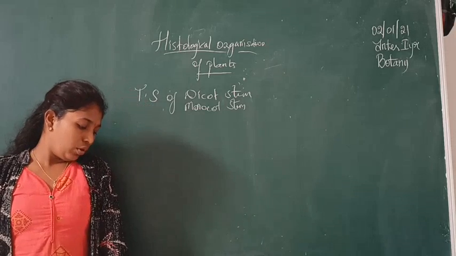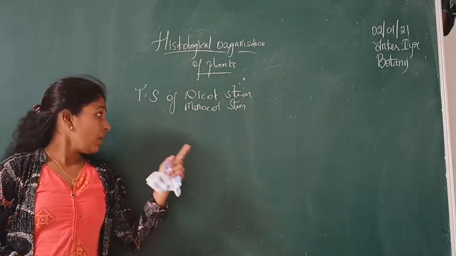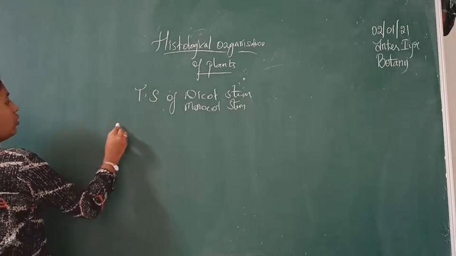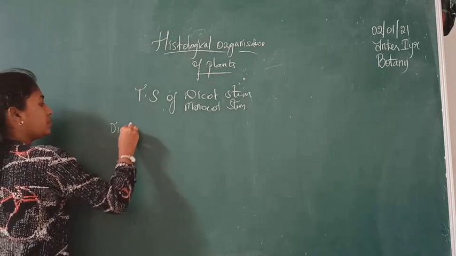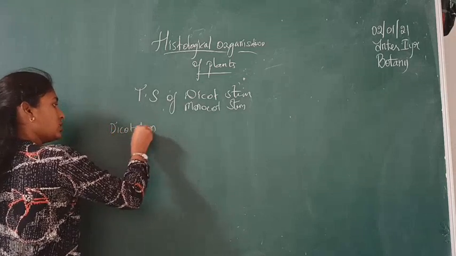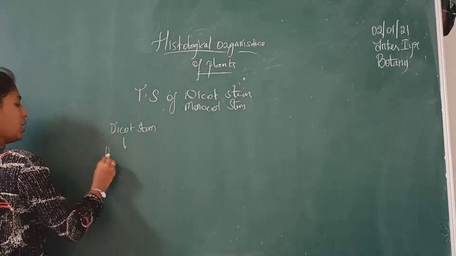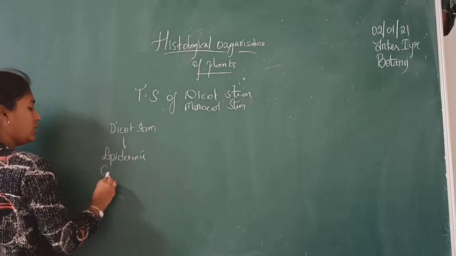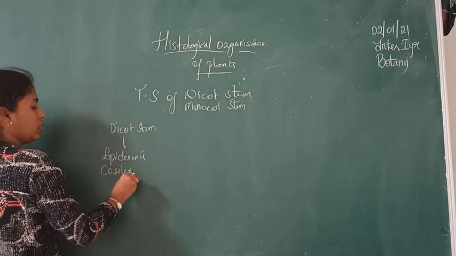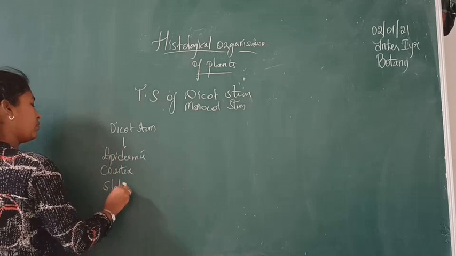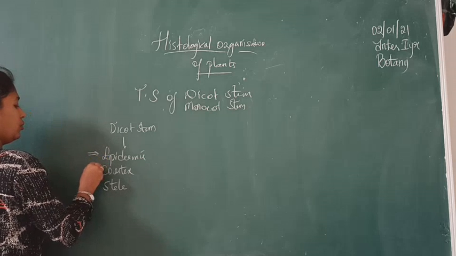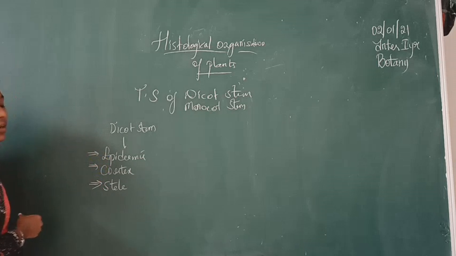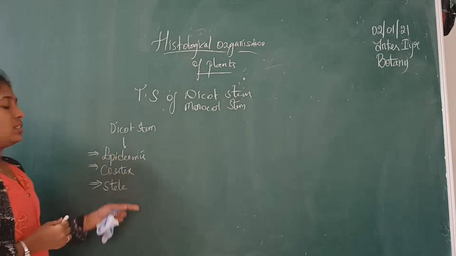And next, if you move on to the cortex, now I am discussing this dicot stem. This dicot stem is also differentiated into 3 parts: epidermis, cortex, and stele. The epidermis is already done; it is the outermost layer.